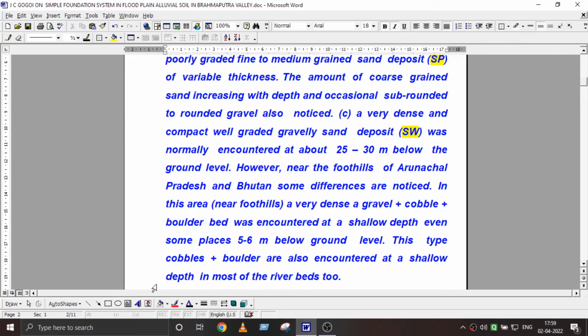This type of cobble boulder is also encountered at a shallow depth in most river beds, like river Jia Bhoroli, river Dhansiri, river Subansiri. In all these rivers it is encountered in the river bed itself.